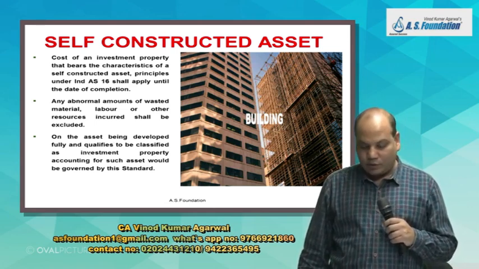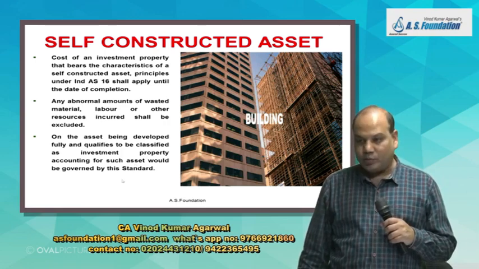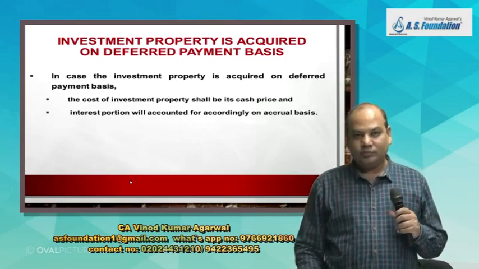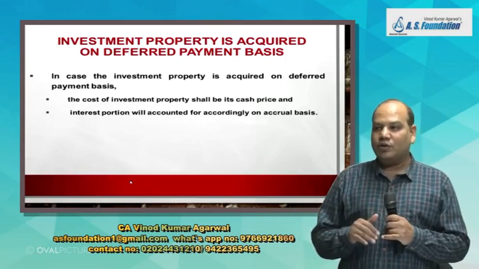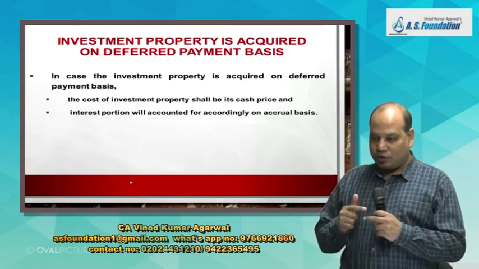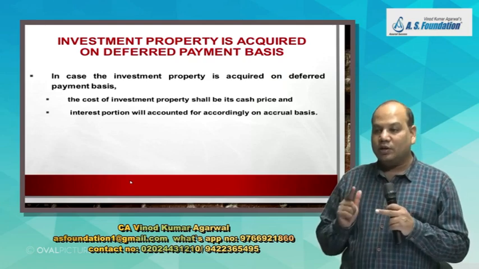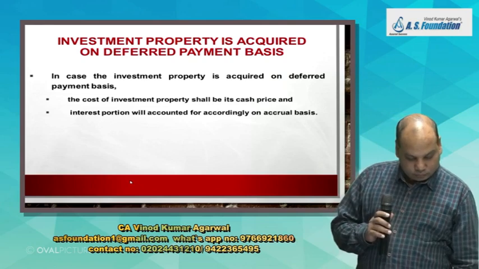On the asset being developed fully and qualifying to be classified as investment property, accounting for such asset would be governed by this standard. Once the completion is over, you classify it as investment property and then IAS 40 will take charge. So till it is completed, the cost calculation can be done under IAS 16.